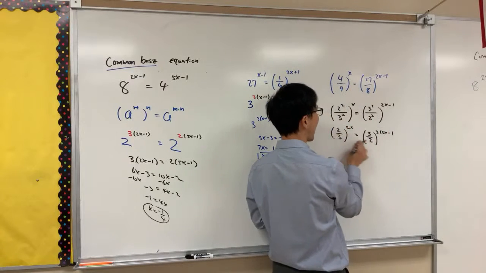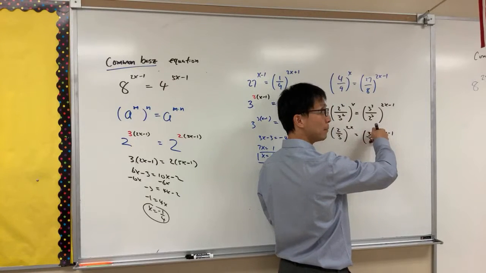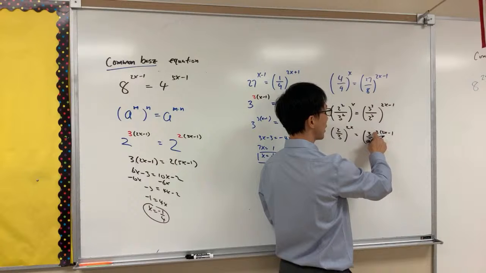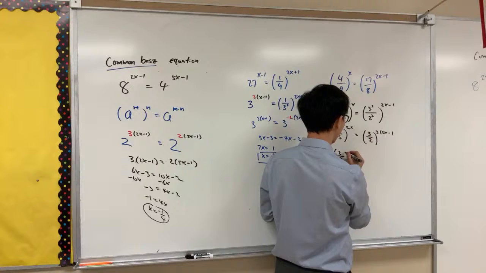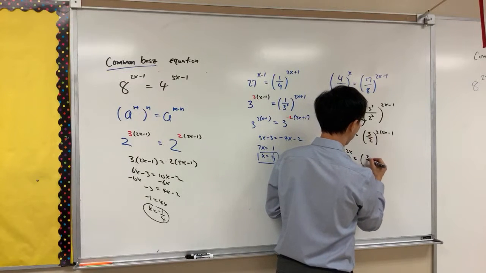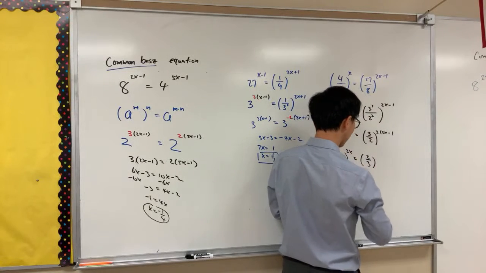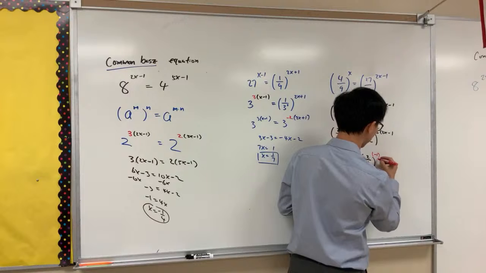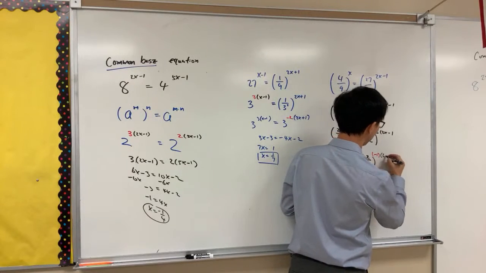But they don't have a common base though. So I can flip them by changing the negative sign. I don't want to flip both at the same time. I flip one, so that's going to be 2 over 3 to the negative 1 to the 2x minus 1.